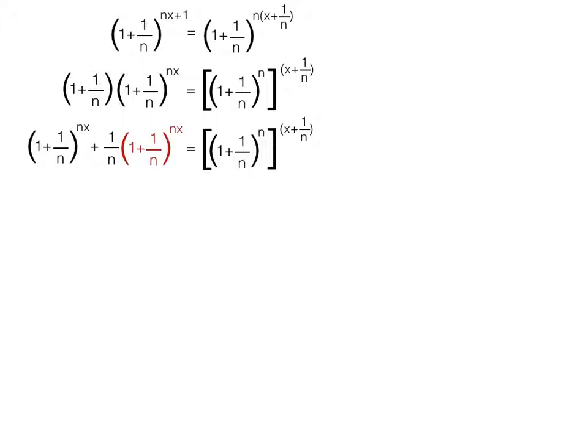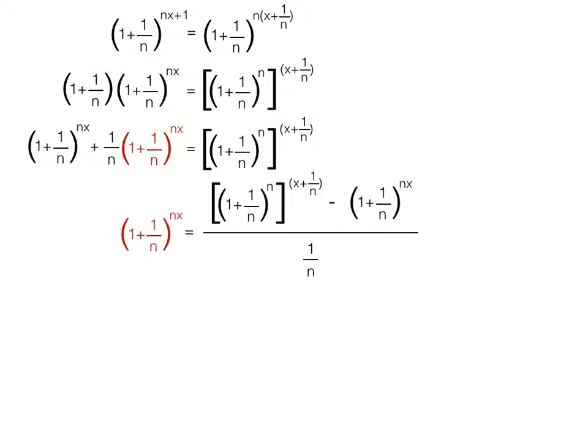In the next step, we solve for the term shown in red to find (1 plus 1 over n) to the power nx is equal to [(1 plus 1 over n) to the power x plus 1 over n minus (1 plus 1 over n) to the power nx], all divided by 1 over n.